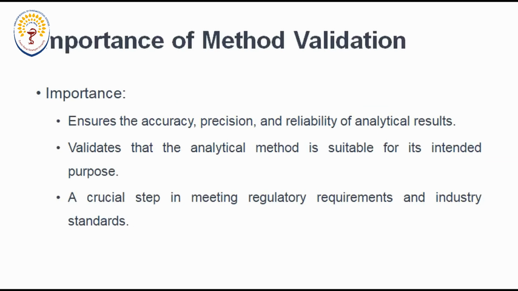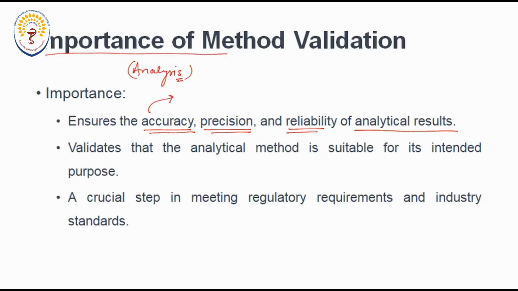Now let us understand the importance of method validation. As you see, we are performing analysis in day-to-day pharmaceutical processes. So as we are performing different analytical techniques and methods, we have to ensure that these methods are accurate, precise, and extremely reliable.